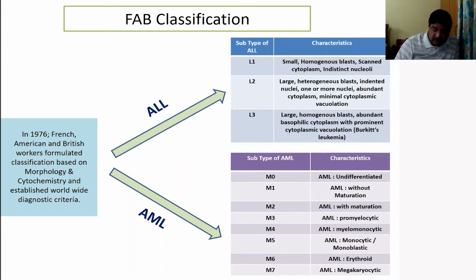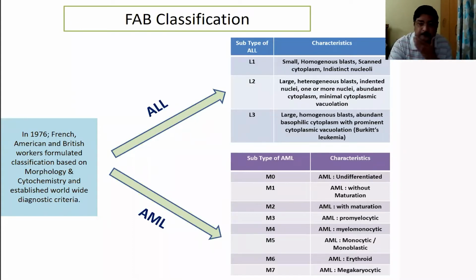During my undergraduate days, we had nothing but French, American, British classification, which evolved from 1976 until the end of the 20th century. We had the French, American, British classification with many modified versions. But in 2001, we got the first WHO classification.